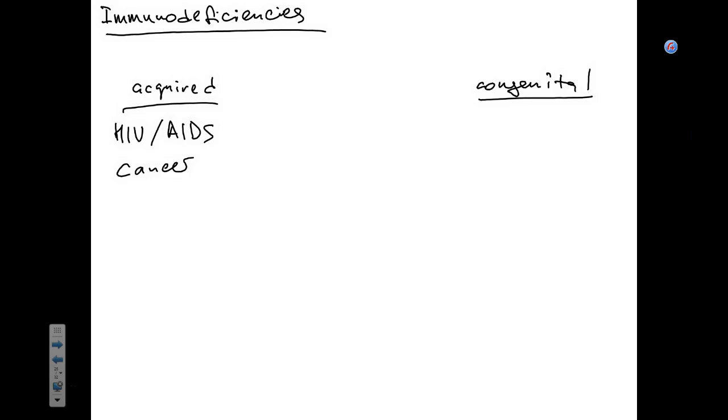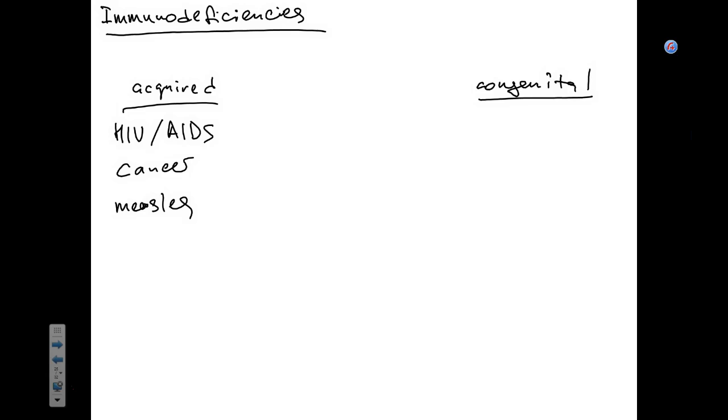Well, there's one disease that causes you to be immunosuppressed for about 6 months. It's called measles. It kills all the B cells, just wipes them off. So you don't have an antibody response for about 6 months after you recover from measles.